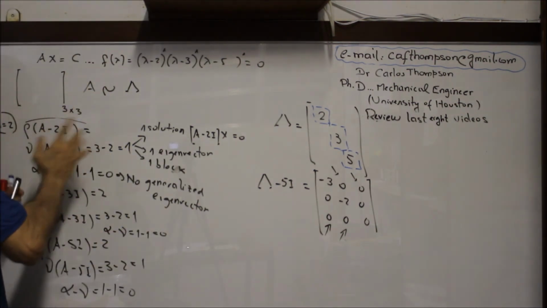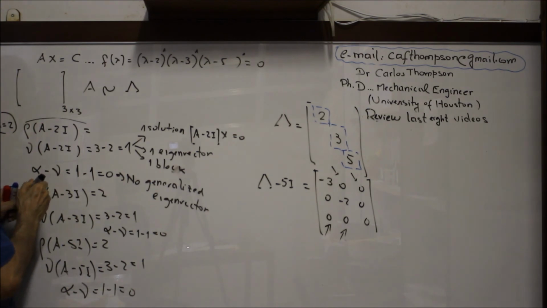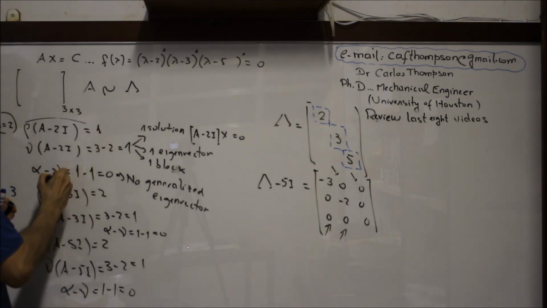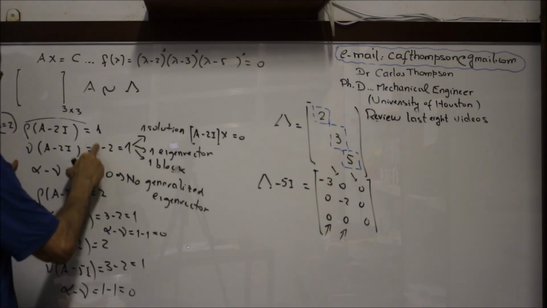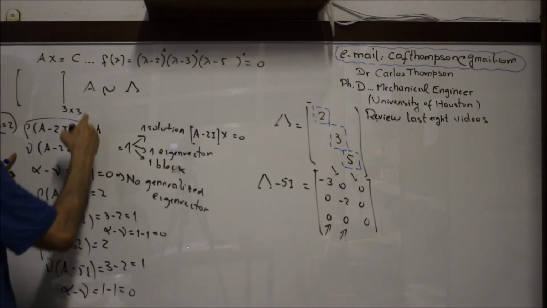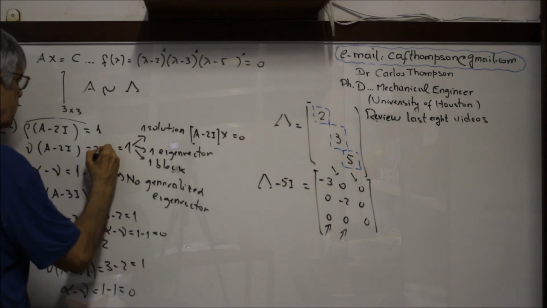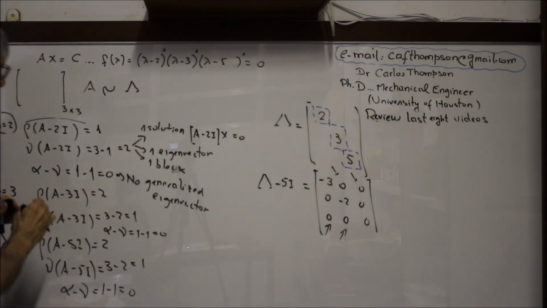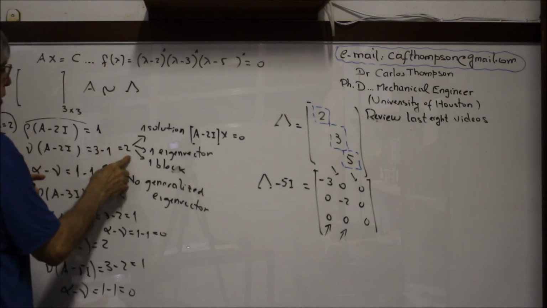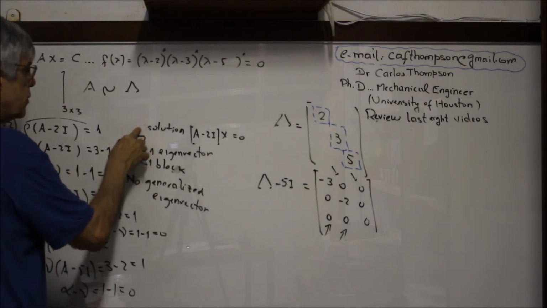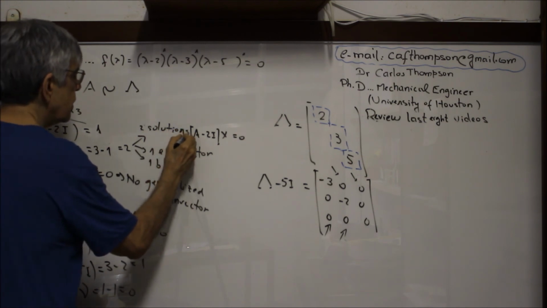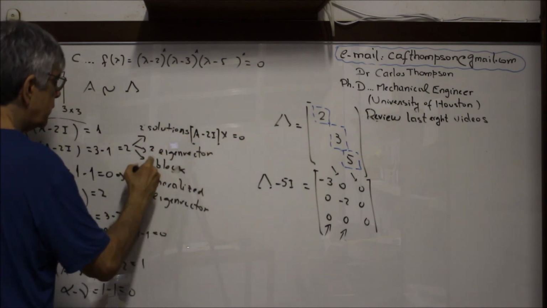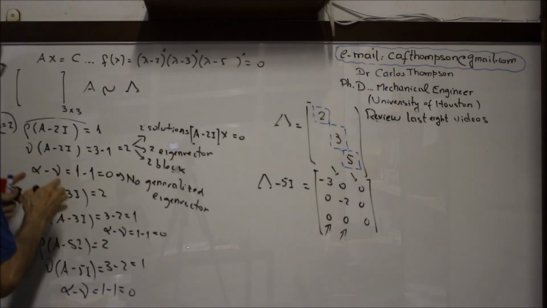Now, suppose I put over here rho of A minus 2I is equal 1. Nu will be 3 minus 1, which is 2. Okay. Now, this, the 2 degrees of freedom means 2 solutions, 2 eigenvectors, and 2 blocks, just for 2.